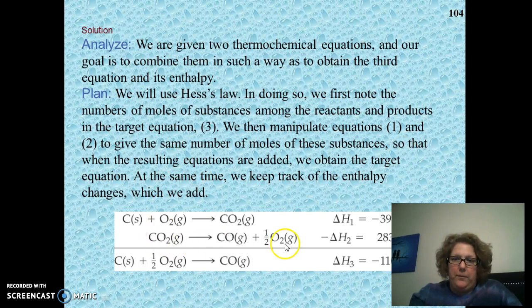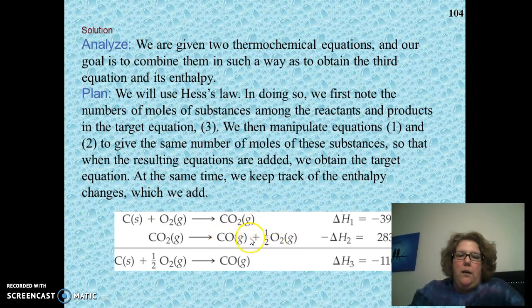Okay, so here it is flipped. We've changed the sign, made it 283. We made it so that we're producing the carbon monoxide. So we have our carbon, we have our carbon monoxide. Notice the CO2 on the right is going to be canceled by the CO2 on the left. And now we'll worry about numbers. We have one O2 over here, and we have a half of an O2 molecule over here.